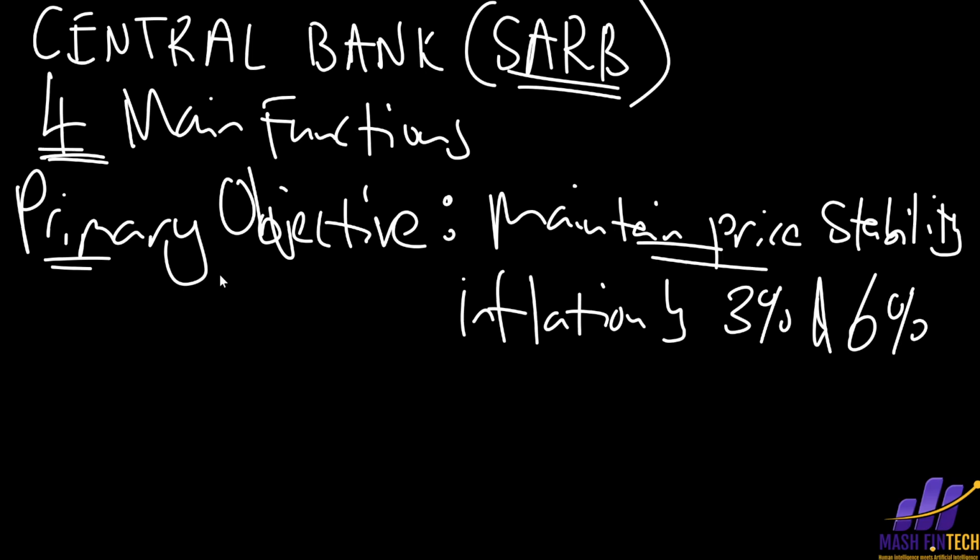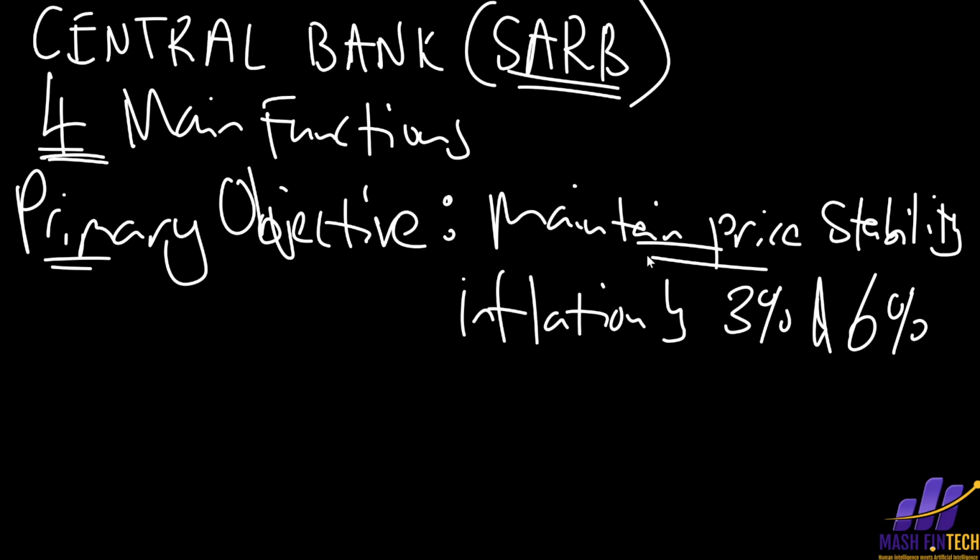This primary objective can only be changed by an act of Parliament. I remember there was a time that the former public protector advocate Busisiwe Mkhwebane wanted to change the primary objective of the Reserve Bank from price stability, or maintaining the value of the rand, to economic growth, which raised a lot of questions regarding her competence, because that goes way beyond your mandate.